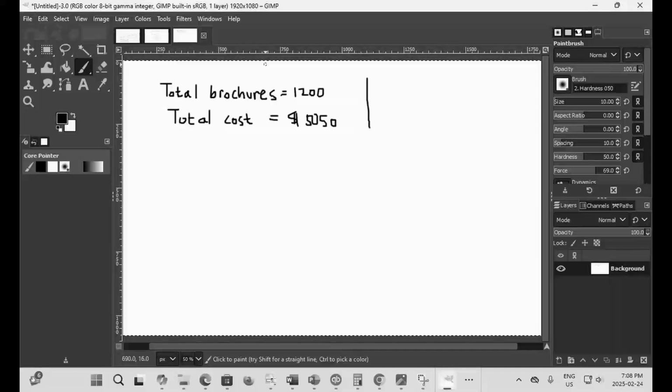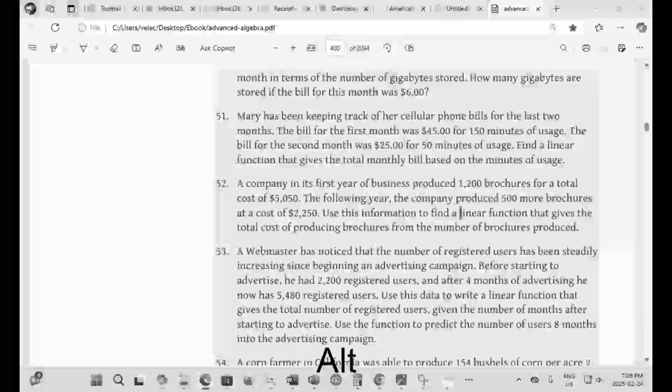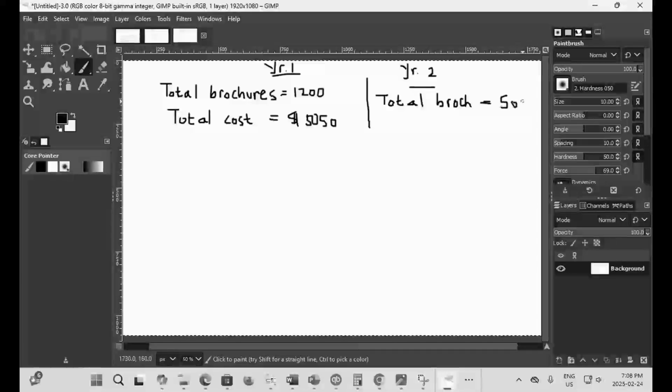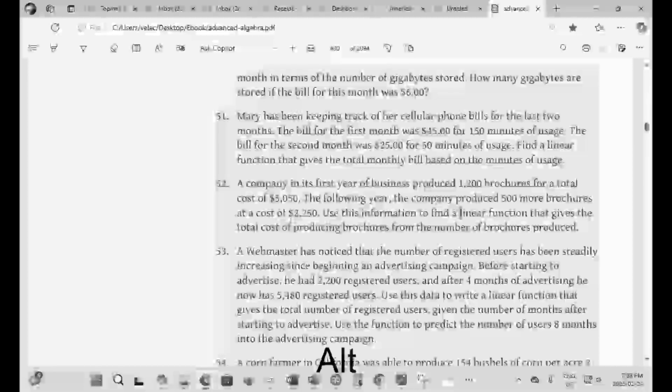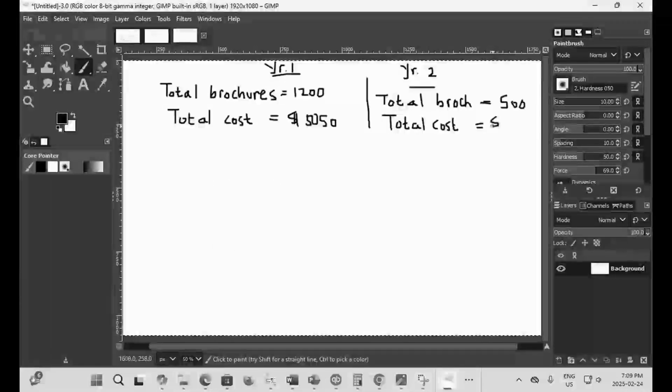So in year two, total brochures produced is 500, and the total cost for these brochures is $2,250.